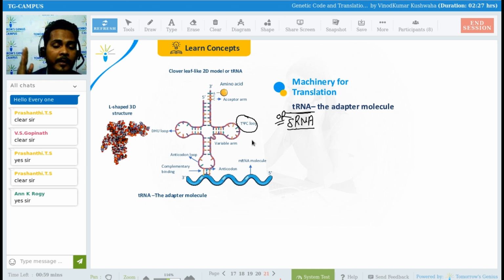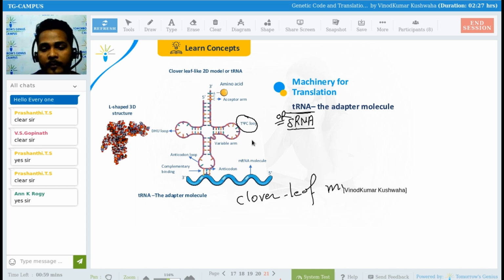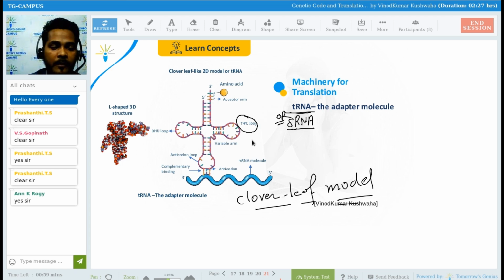So that means out of 100% RNA, 15% is tRNA, and it has a two-dimensional clover leaf-like structure, like you can see here. This is the two-dimensional clover leaf model. Clear?